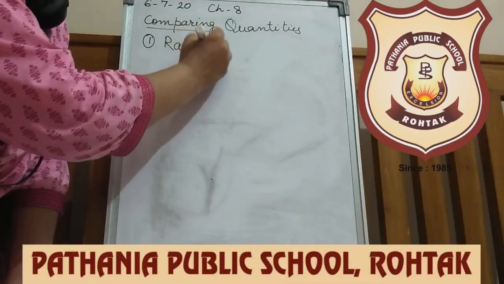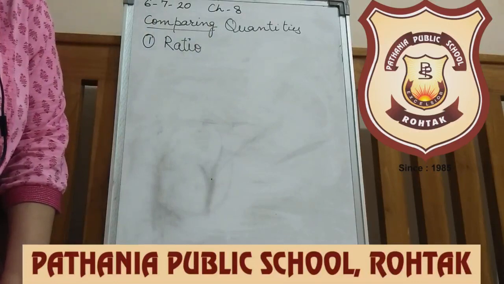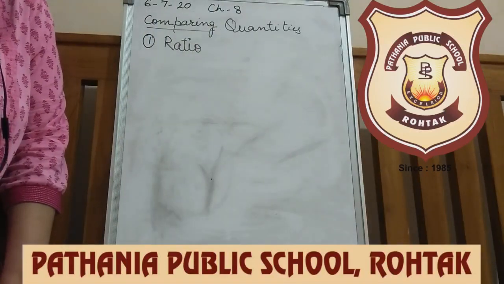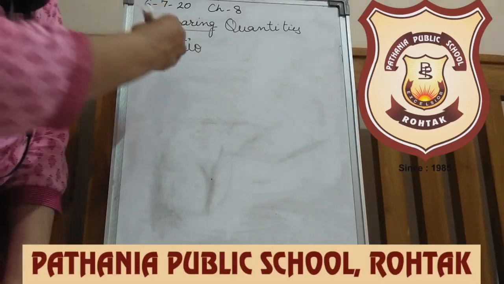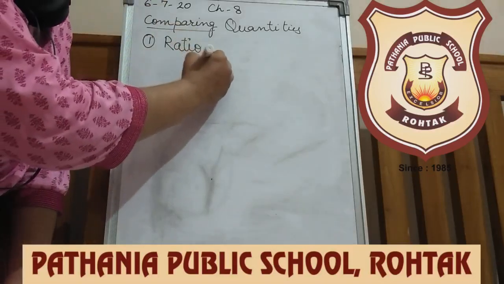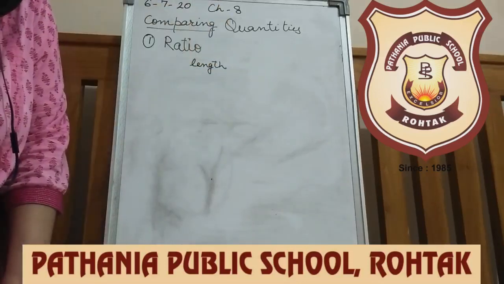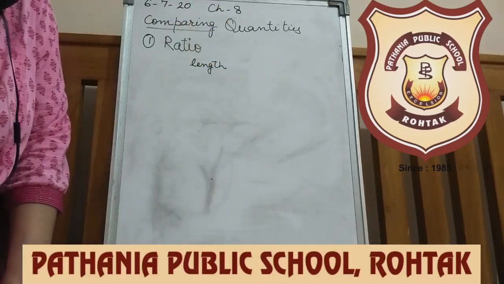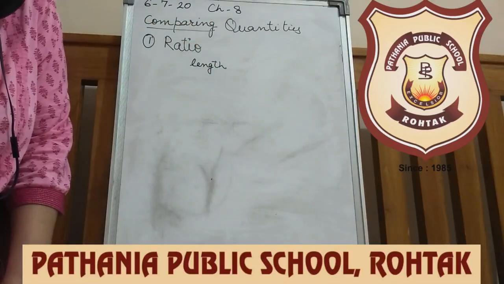Ratio is one of the methods to compare two or more quantities, but the two quantities have to be the same. Same means the comparison between both quantities should be of length, or of weight, or of number.